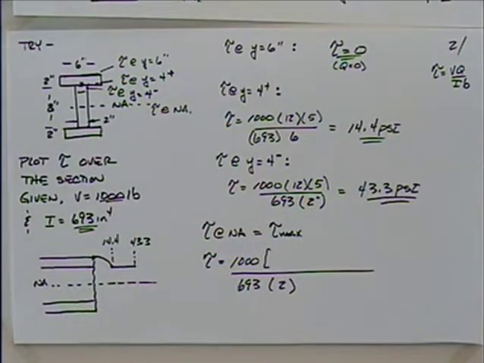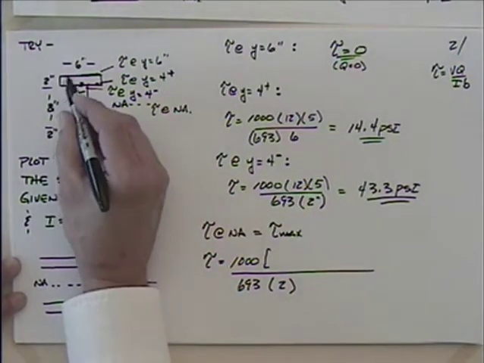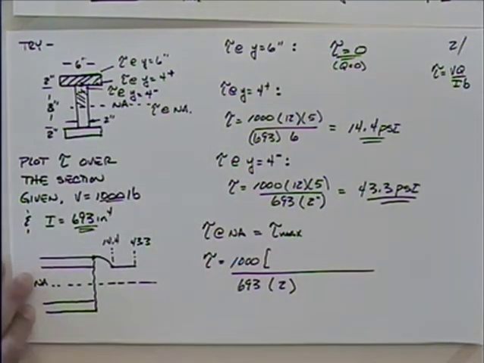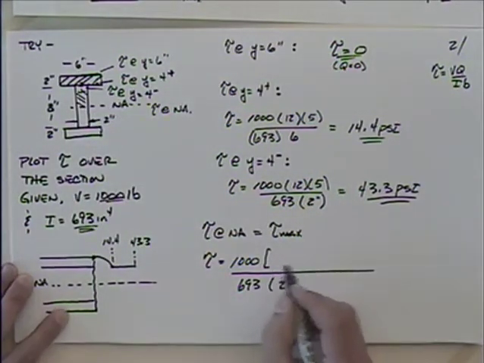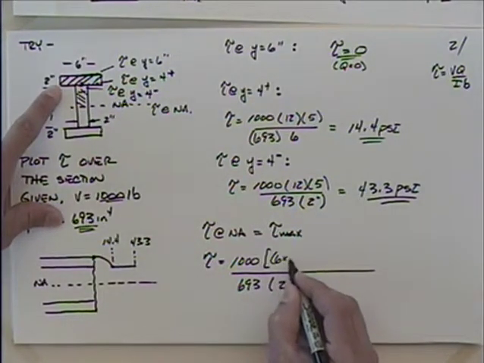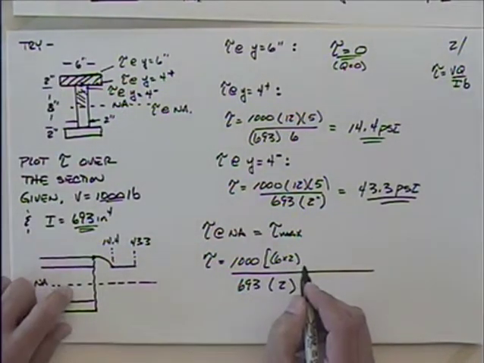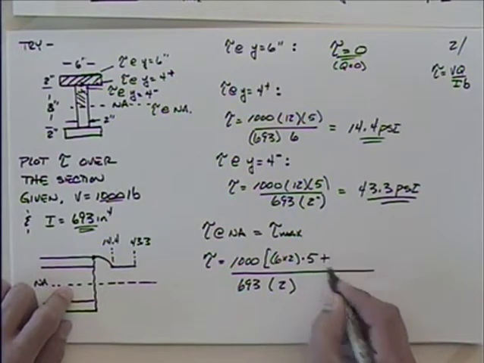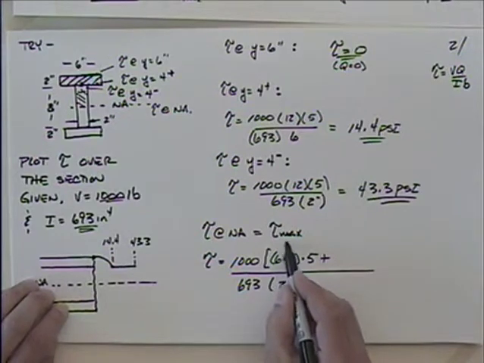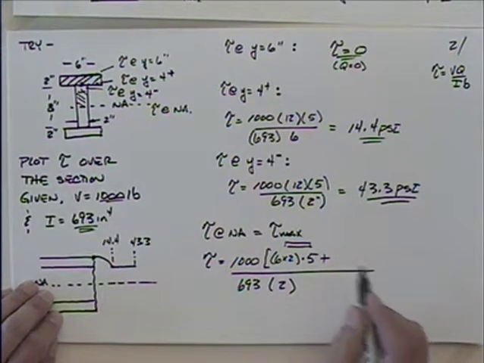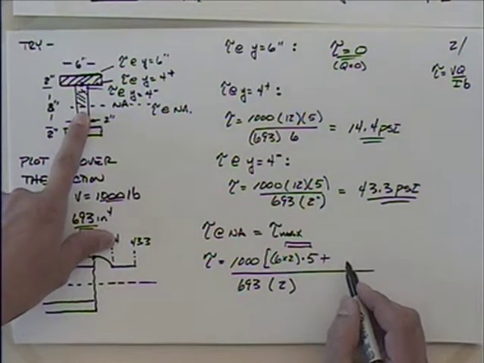What I'm going to have to do with Q is break this up. I'm going to have to find Q for this piece here, and then find Q for that piece there. So let me go through that. That would be 6 times 2, that's the area of that upper piece, times 5, right? Okay, so that's for that piece there. And then I'm going to have to add to that, what's the area there? 4 times 2.